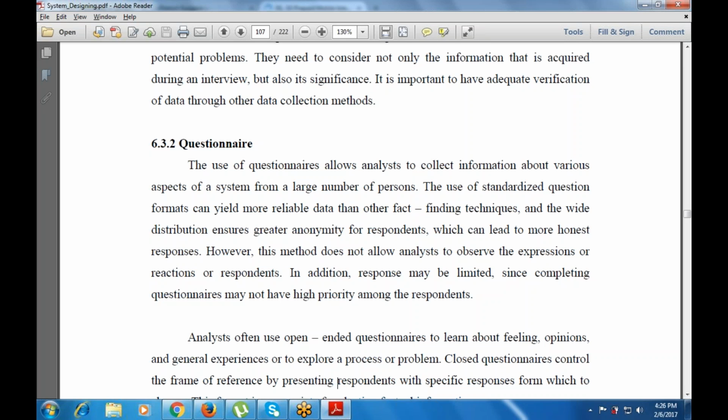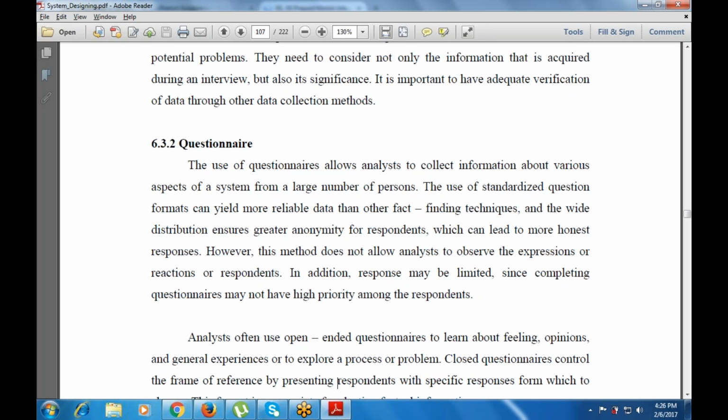However, this method does not allow the analyst to observe the expressions or reactions of the respondent. In addition, responses may be limited since completing the questionnaire may not have a high priority among the respondents.